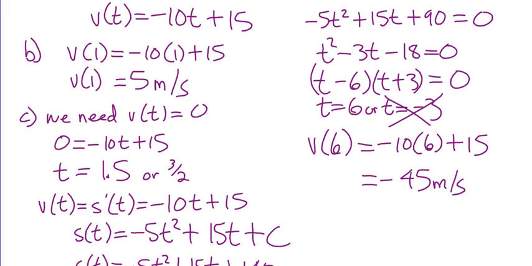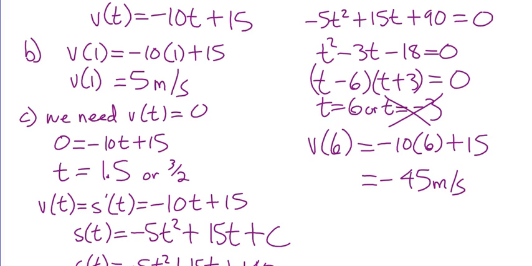So when it's 50 meters above the ground, it's going down at a velocity of 45 meters per second. Watch direction on stuff. Just be aware of directions and how things are changing in relation to each other. Are things getting closer to each other, or further apart?